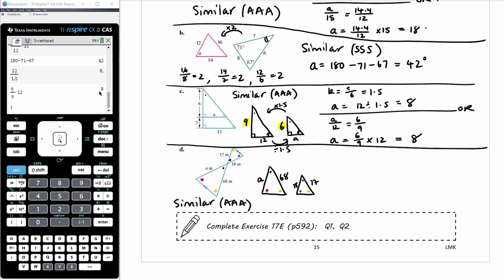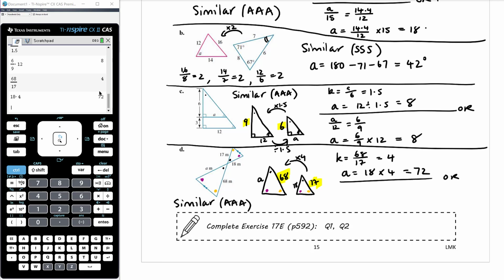So in terms of corresponding sides, they correspond to each other. That's how you're going to be able to calculate your scale factor. K is 68 divided by 17, which is 4. So the bigger triangle is 4 times larger. Therefore A will be 18 times 4, which is 72.